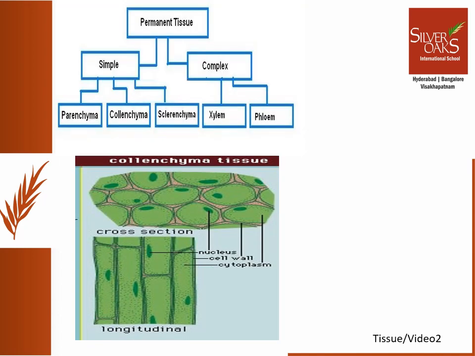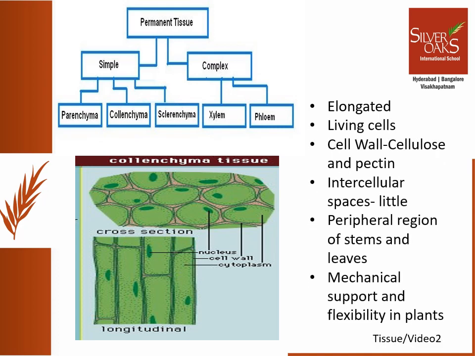Now let's learn about the second type of simple permanent tissues, which is called the collenchyma. Collenchyma are also living tissues and are elongated in shape. Their cell wall is made up of cellulose and pectin. We learned that parenchyma cells are loosely packed and therefore they have a lot of intercellular space.